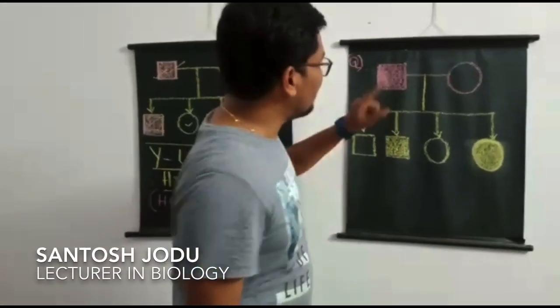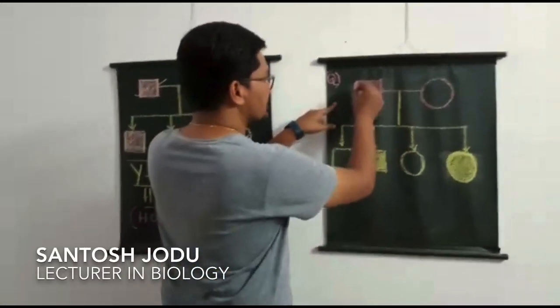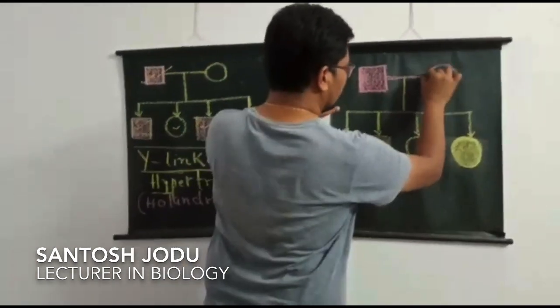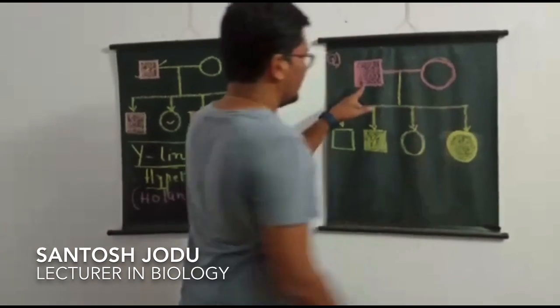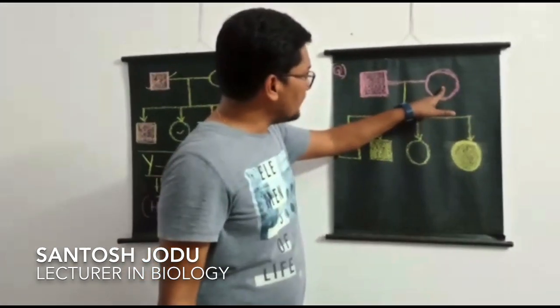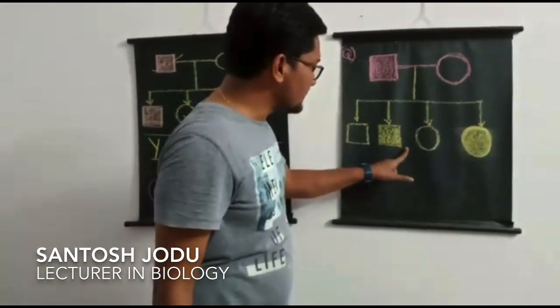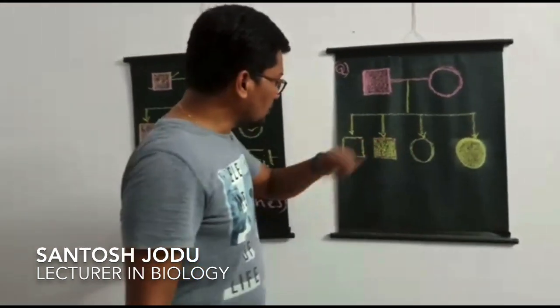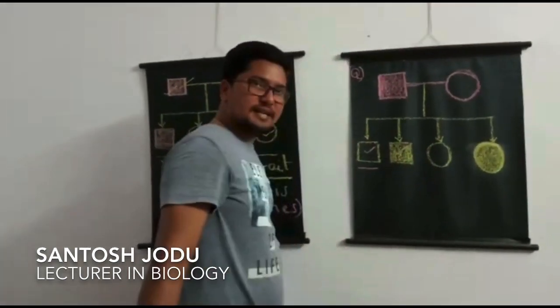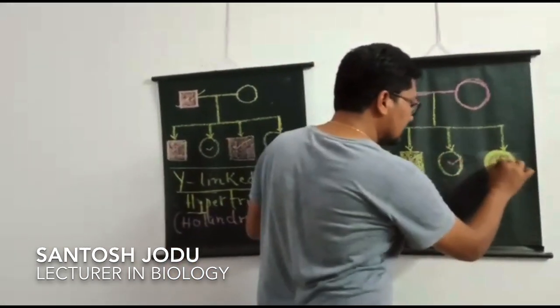Here is another pedigree chart which shows that out of the two parents, an affected male, meaning a male suffering from the disease, married a normal female. This couple has 4 children, and once again 1 and 2 are the sons and the next 2 are the daughters.